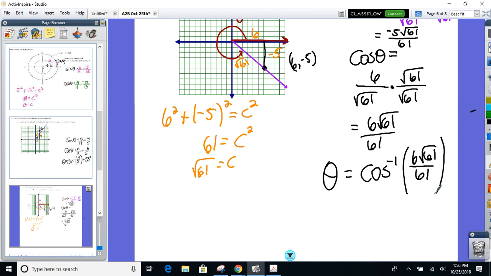Because if not, you're going to have to use some double parentheses. What'd you get? So 40?